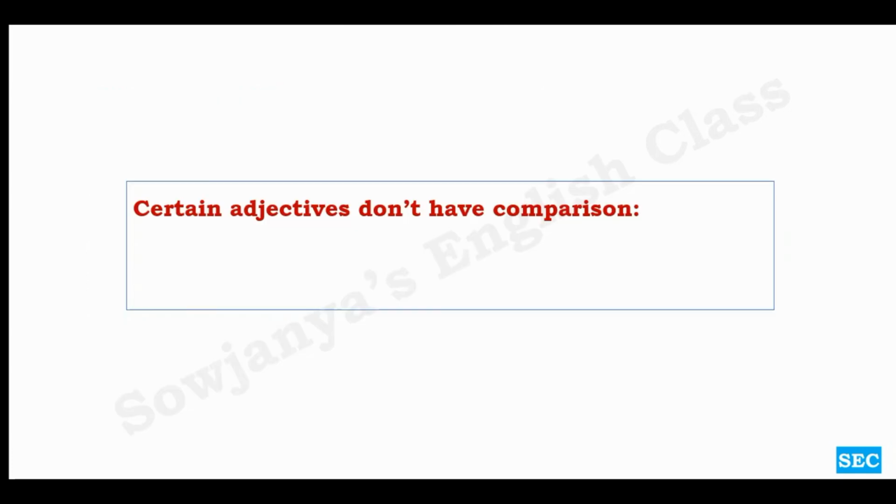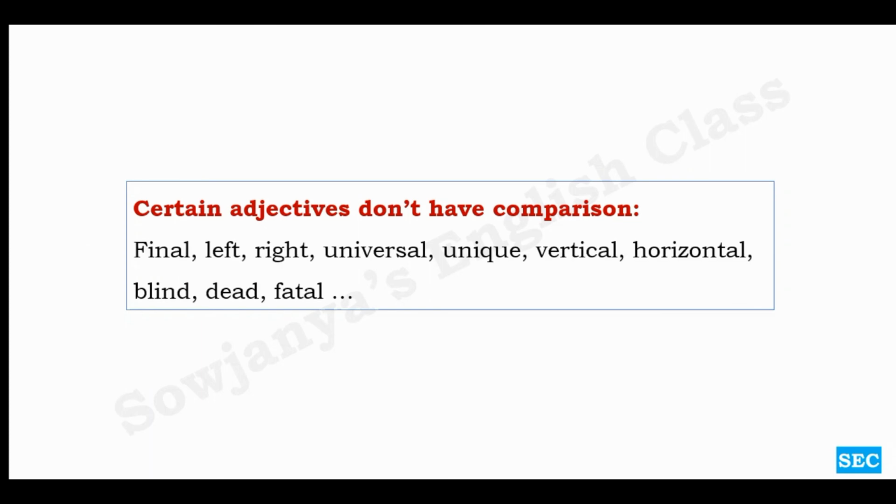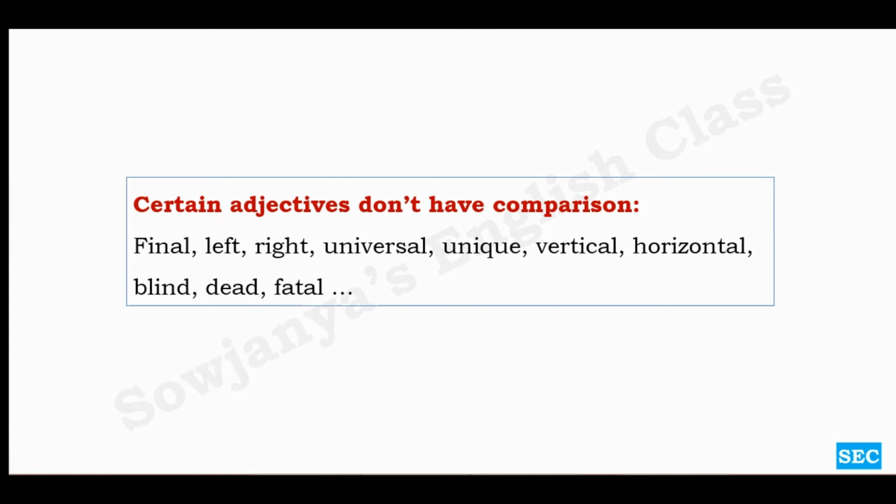And certain adjectives don't have comparison at all. For example: final, left, right, universal, unique, vertical, horizontal, blind, dead, fatal. If you observe these adjectives, they do not have comparison at all. Final, we can't say more final and most final. Final is the last point.